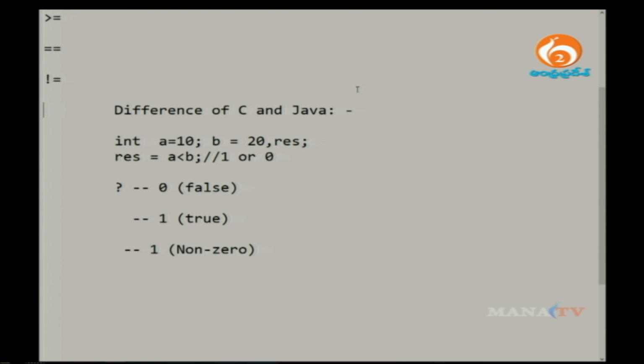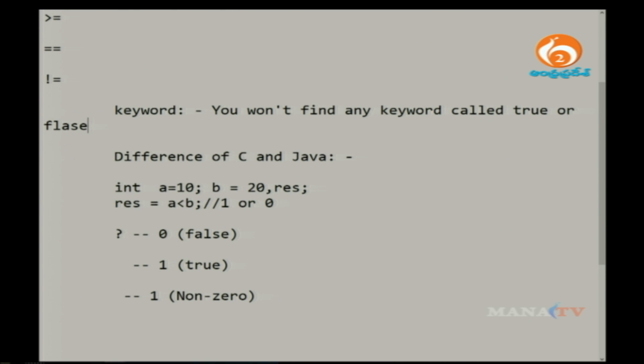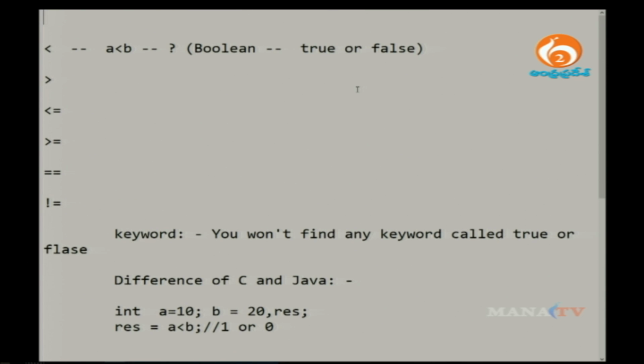We have almost 32 keywords in C, but you won't find any keyword called true or false. That's the reason we usually represent them with 1 and 0.